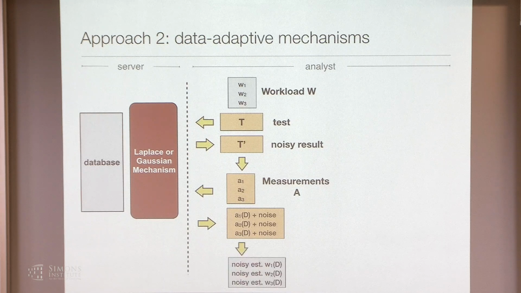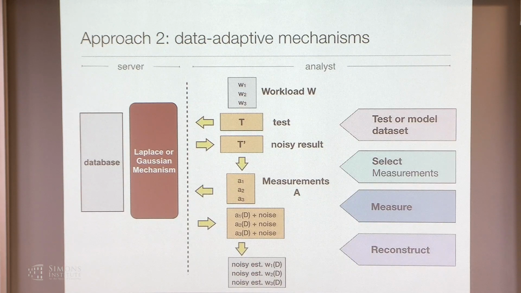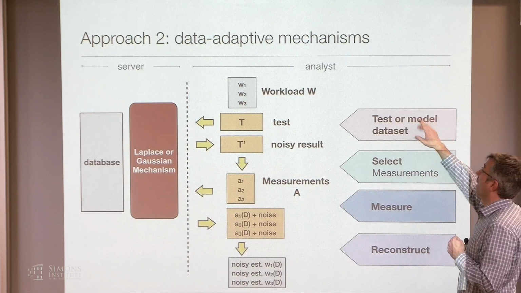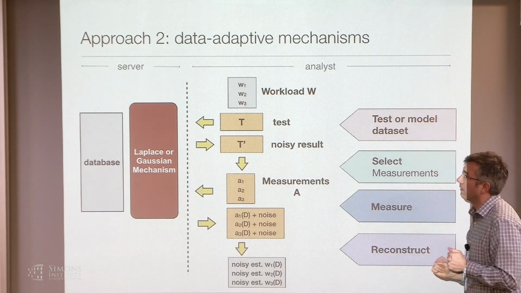Then noise is added to those, and then maybe there's reconstruction. So this is an extension of select, measure, and reconstruct, and this whole thing could be iterated, but where we test or model the data set.